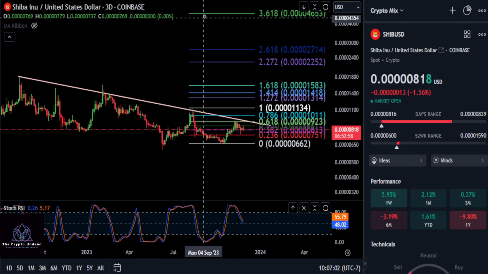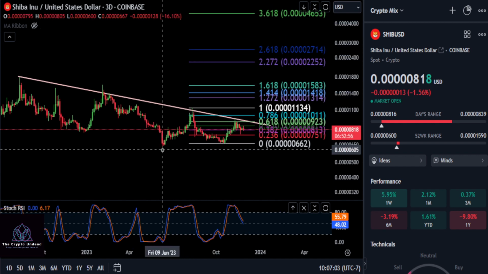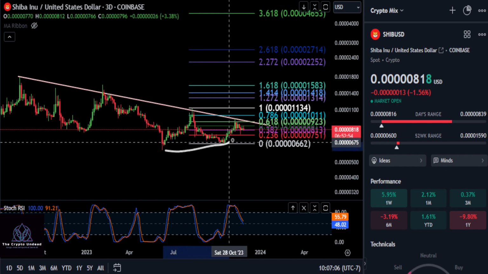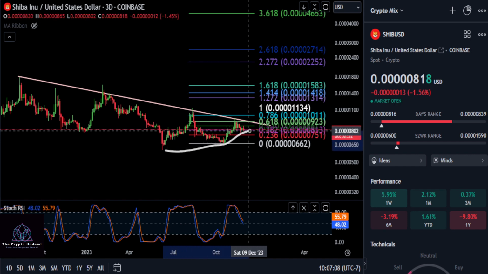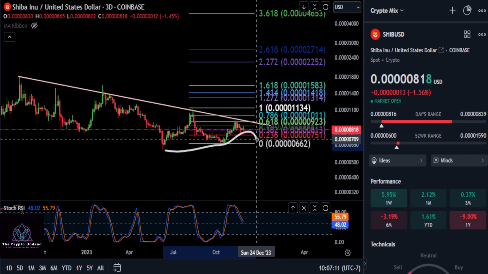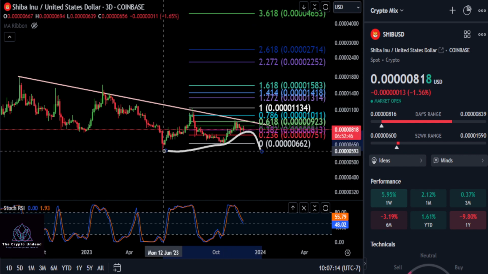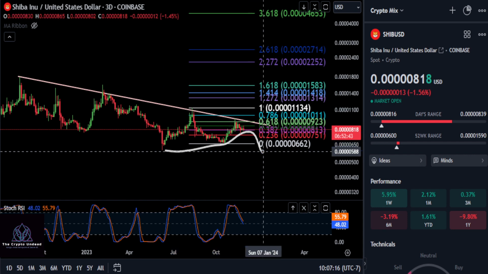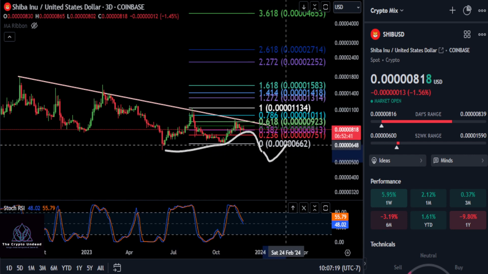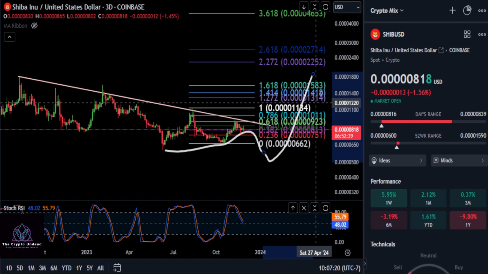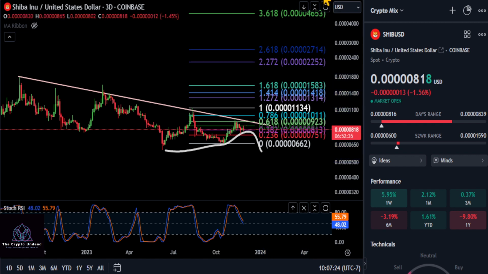So if we do the same thing here from this low to a higher low and a slightly higher low, then if it's going to repeat history, it may come down to the bottom of this Fibonacci here at 6.6, come down to that 6 off of that wick low here, and then make a new low into that wedge pattern before it decides to go back up. So that is a possibility that Shiba still has some downside movement in play here.